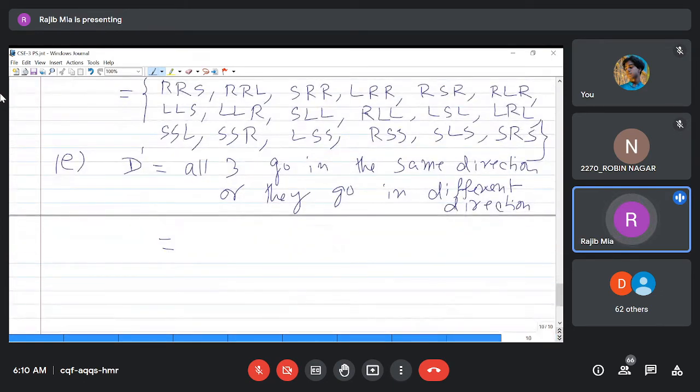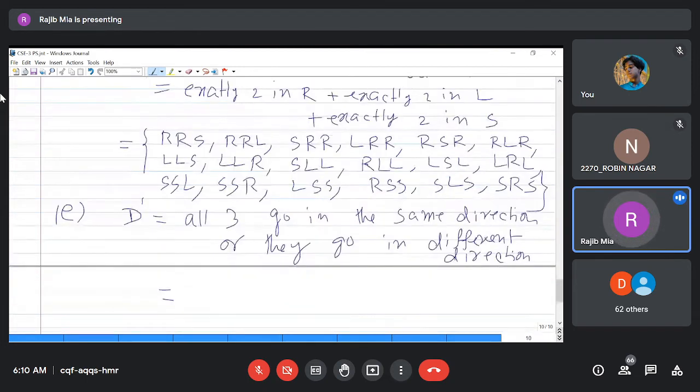So D complement means either all three go in the same direction or they go in different directions. So we have already found the outcomes for three going in the same direction, and for three going in different directions, the outcomes are here.